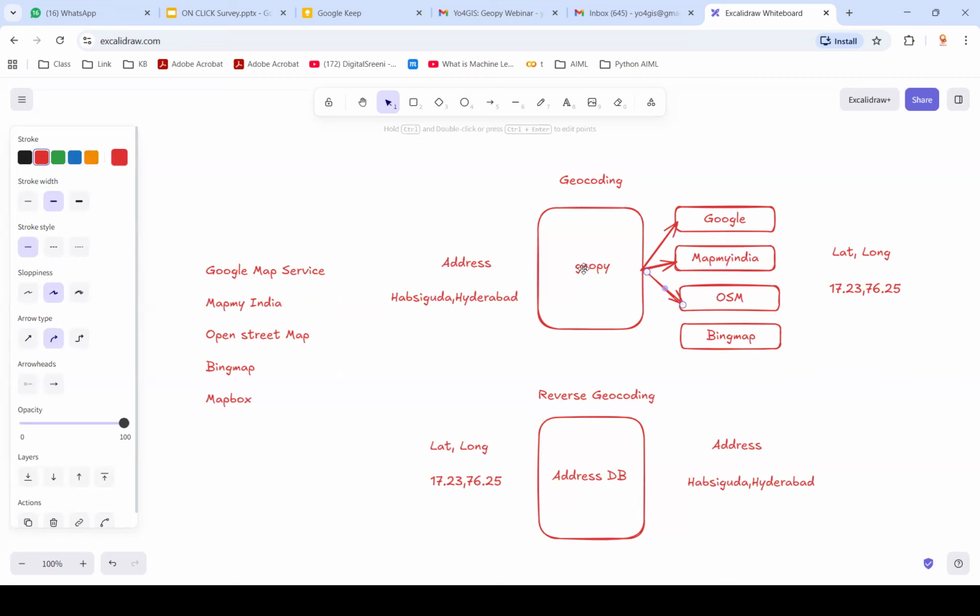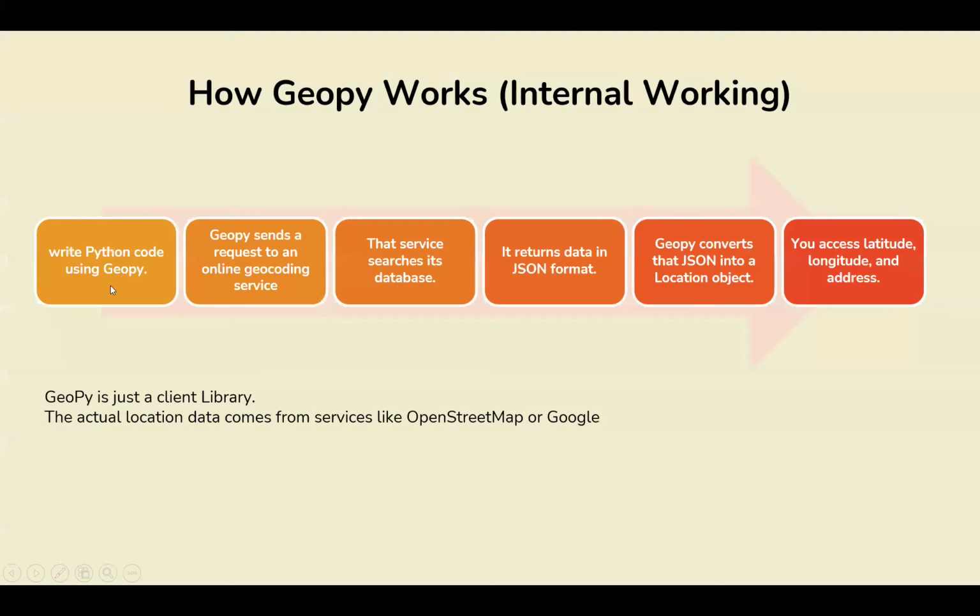After that, these services return the result to GeoPy, and finally GeoPy sends the result to the user. This is the flow GeoPy uses.